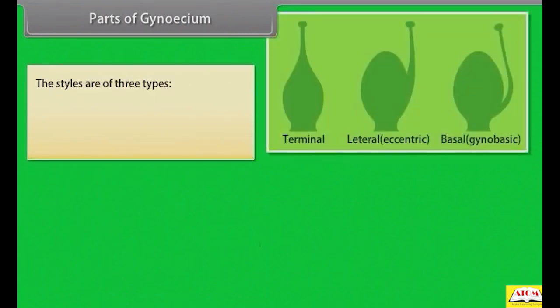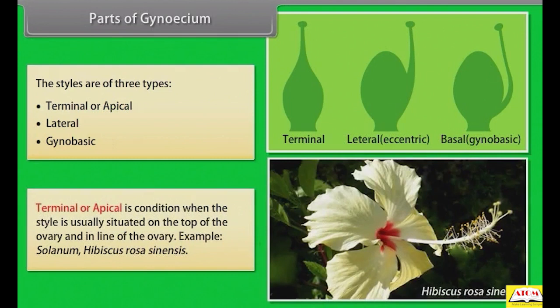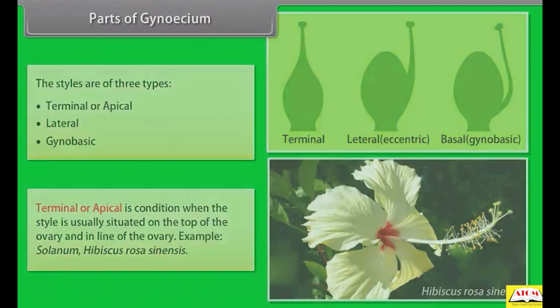The styles are of 3 types: terminal or apical, lateral, gynobasic. Terminal or apical is the condition when the style is situated on the top of the ovary and in line with the ovary. Example: Solanum, Hibiscus rosa-sinensis.